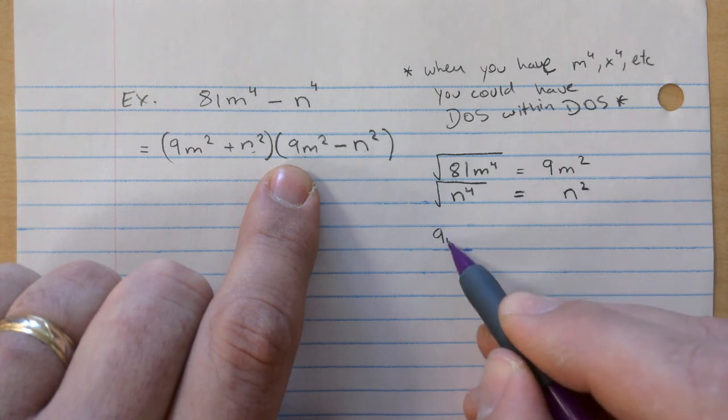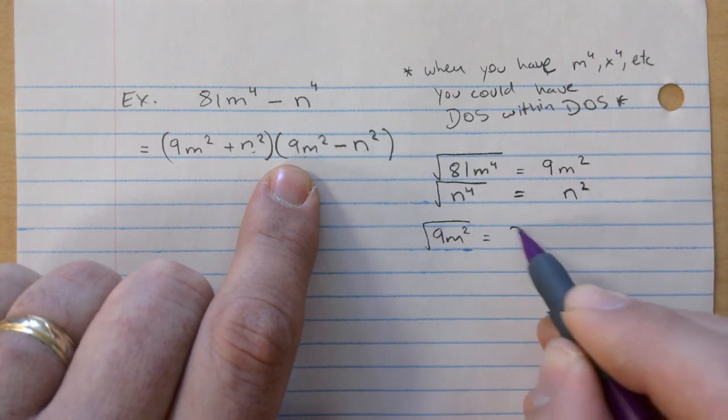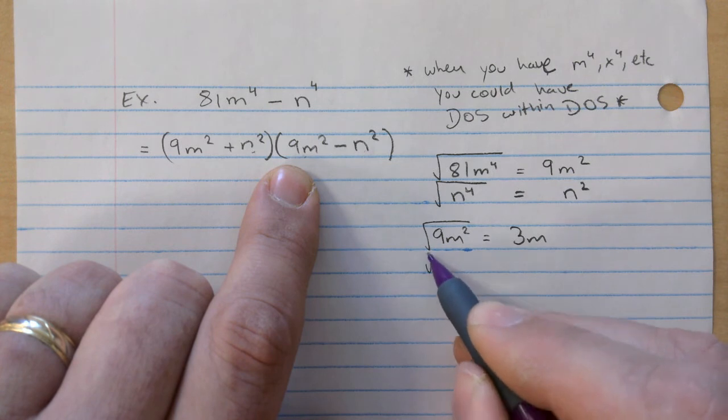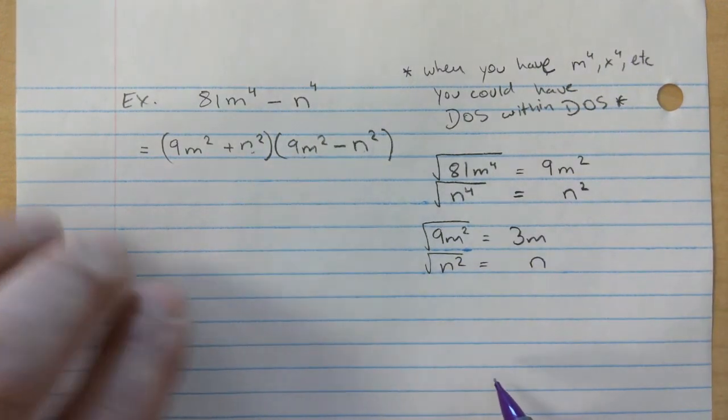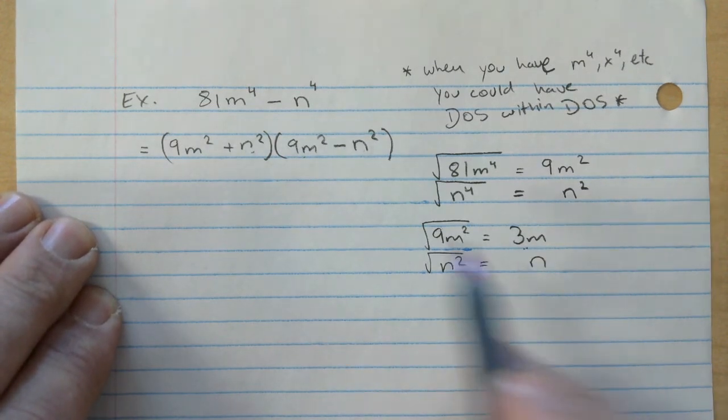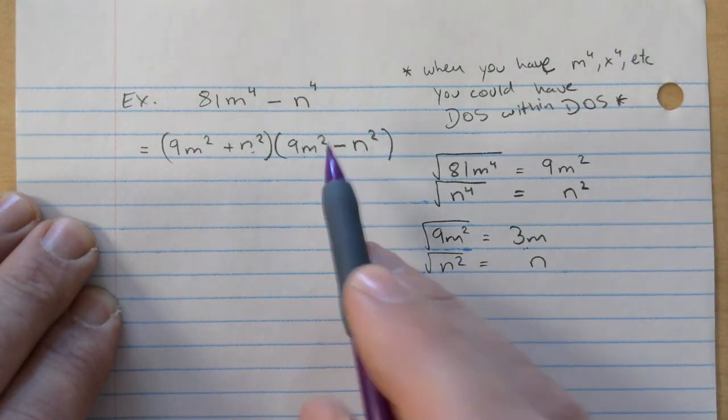So I will go square root of 9m squared is 3m. Square root of n squared is just n. It's a multivariable, so this will make up that bracket there.